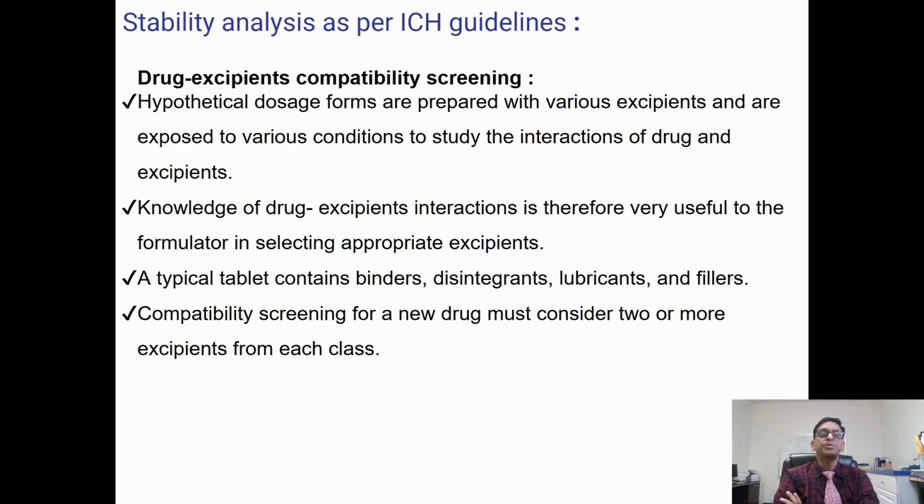Similarly, suppose you are using a fast disintegrant, then crospovidone, croscarmellose, sodium starch glycolate are the excipients that can be used combined with the drug, and the stability and drug excipient compatibility are going to be understood in detail, so that which excipient is suitable for the new chemical entity is determined at this stage.